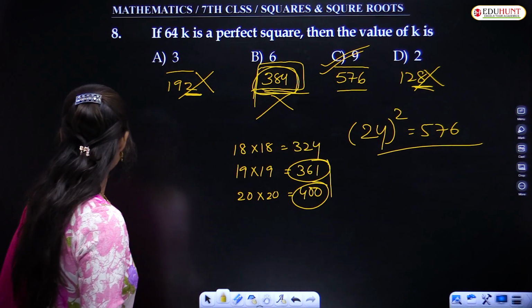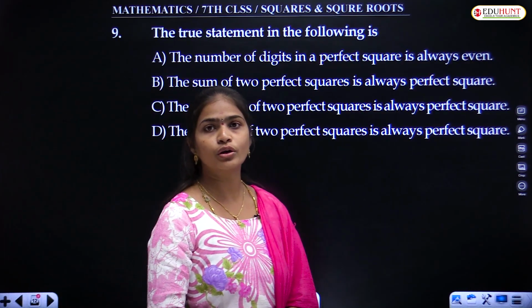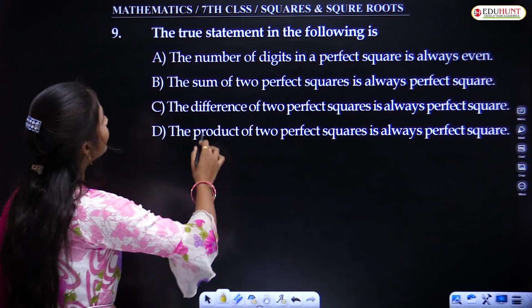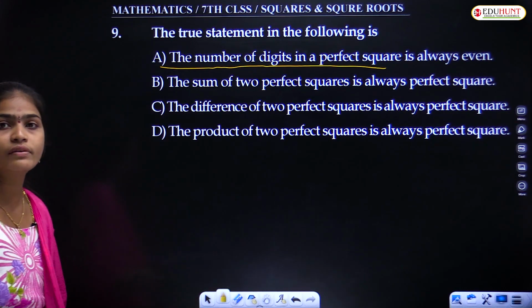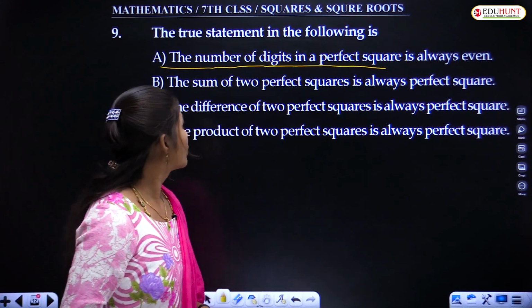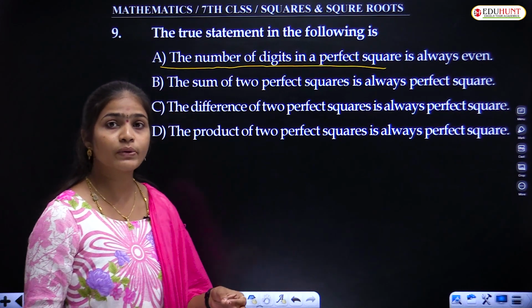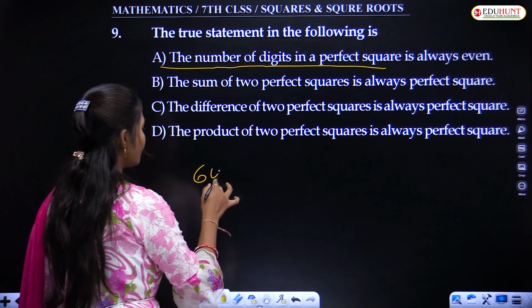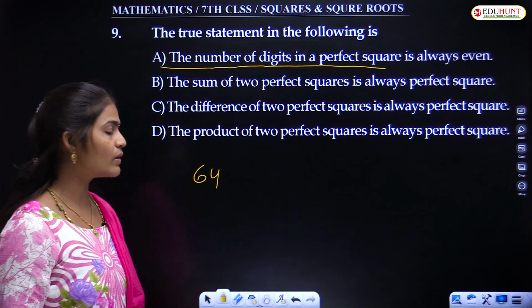Next. The true statement in the following is: the number of digits in a perfect square is always even. What is that first point? I'll tell you, is 64 a perfect square or not? 64 is a perfect square. Good.